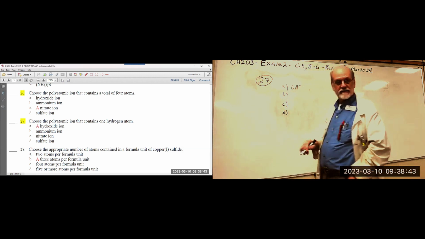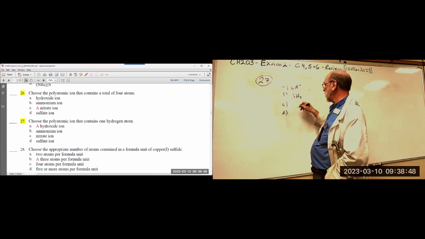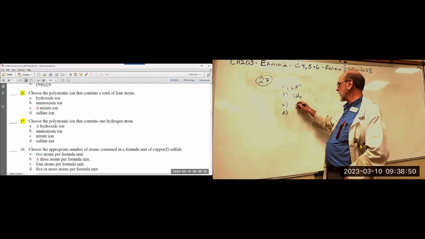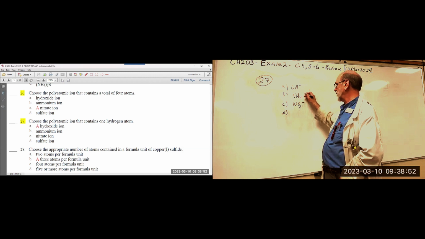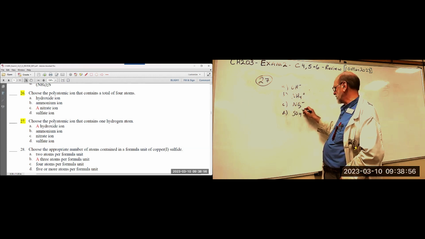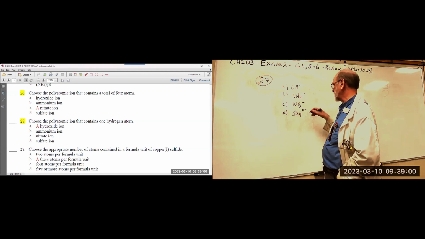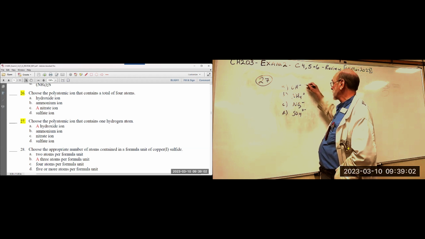That's a good candidate, hydroxide. Ammonium, we've had that one before. That's got 4 hydrogens in it. Nitrate's got none. And sulfate's got none. 2 minus, yeah, 2 minus. Okay, so there you go.